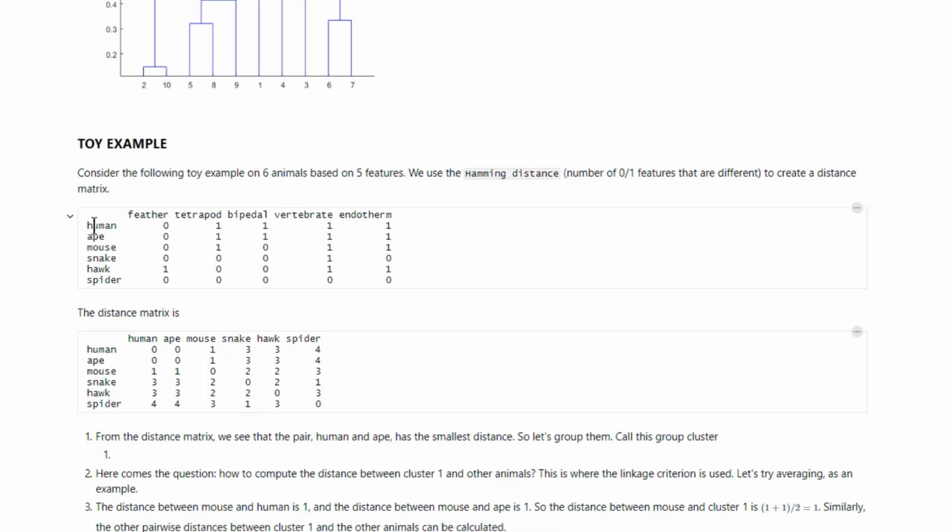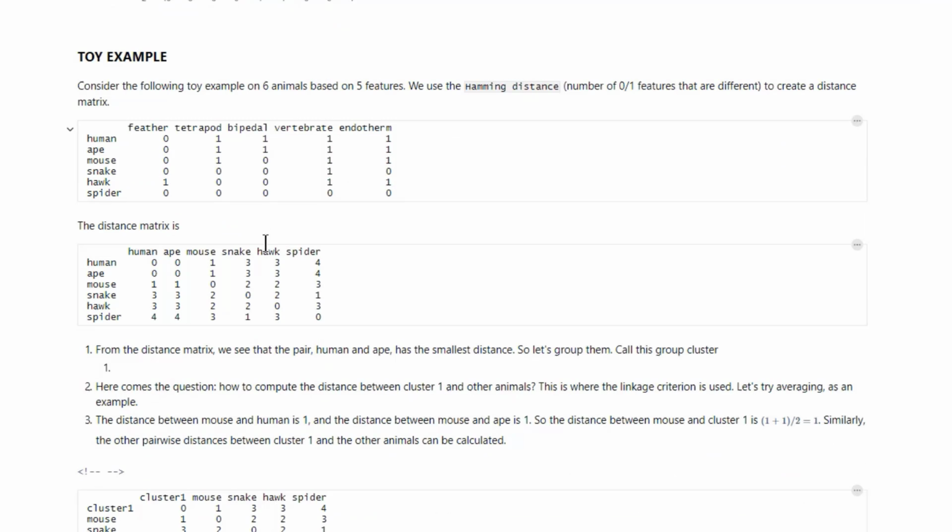However, between human and mouse, the Hamming distance is going to be 1 because there is one feature that is not the same between the two different observations. In this way, we can create the distance matrix where we can see that the distance between human and ape is 0, while the distance between human and mouse is 1. Similarly, we can create the pairwise distance between each of the observations.